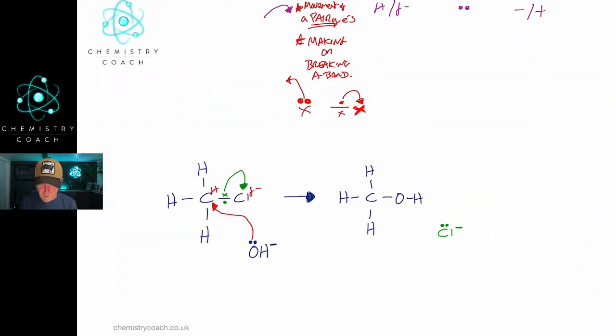So my point here, folks, is that in any mechanism you learn, and let's just reference the AS ones for now, whether it's electrophilic addition, nucleophilic substitution or elimination, ask yourself when you're learning these, first of all, as I mentioned before, group them, so learn all your nucleophilic substitution ones together.